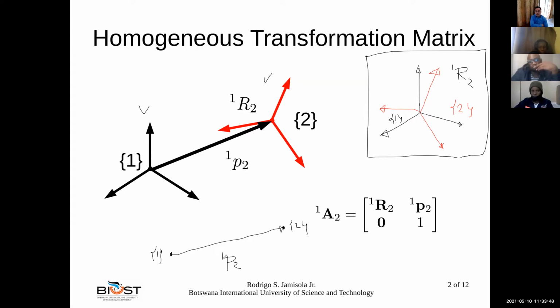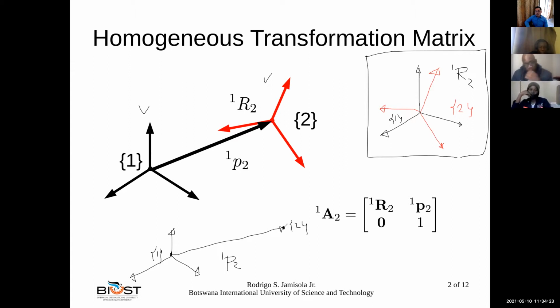Because when you're just using position, you are considering only the origin. We are considering only the points. Of course, we are considering the axes of frame 1 like this, because that is necessary in terms of what are the components of 1p2 with respect to x, y, and z, because that's how we plot them in three-dimensional space.